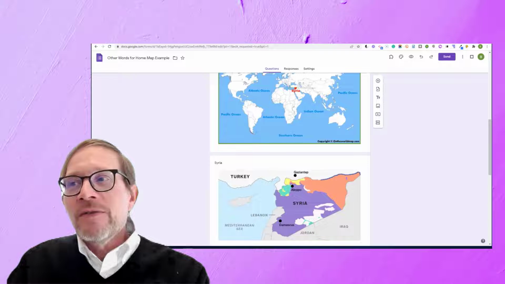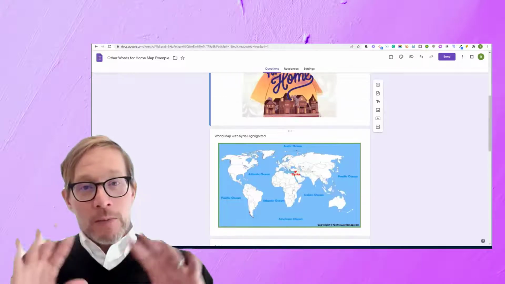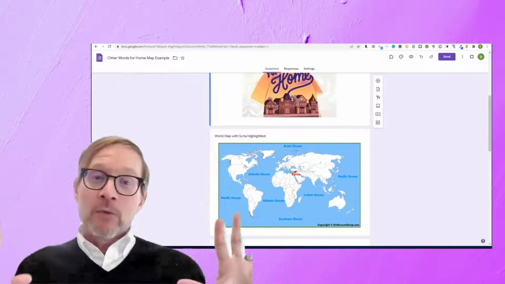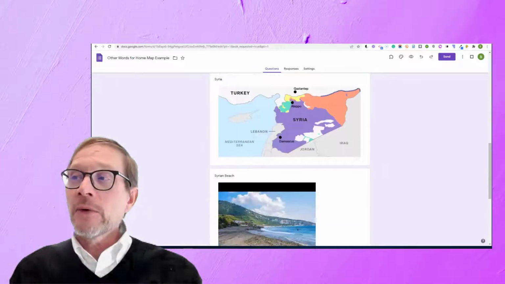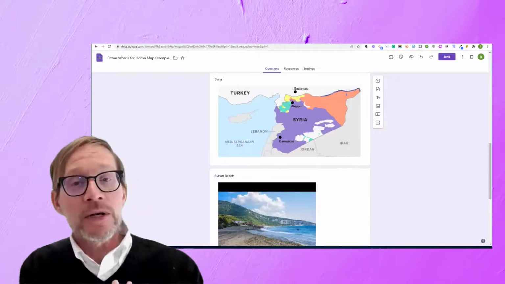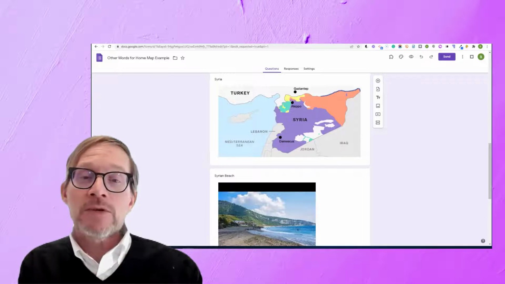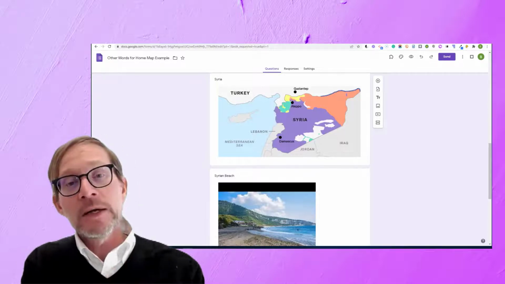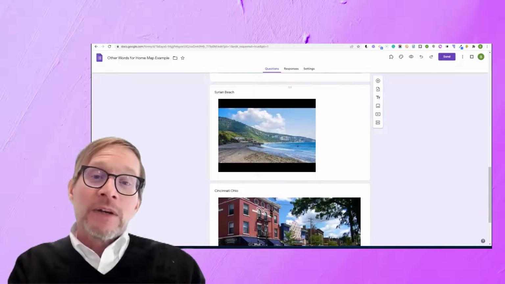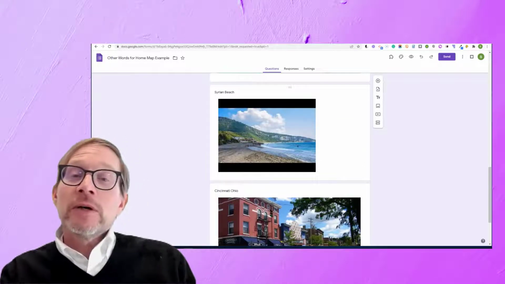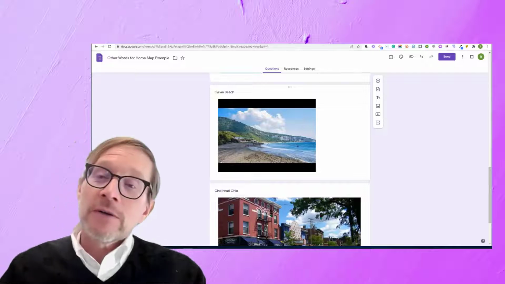But then I start with a big world map of where Syria is in the Middle East, to locate it. Then we get closer, because in the first couple of chapters the character talks about specific cities in Syria. She references living on the beach, in a coastal town in Syria.